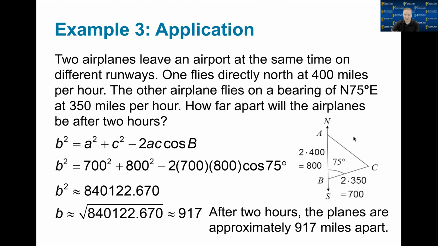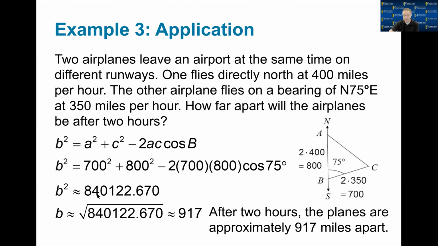In this case, the way I have it labeled, if this is angle B, this would be side B. We know B squared is equal to A squared plus C squared minus 2AC cosine of the angle B here, which we know. So I can find that distance. I'll call it B squared. It's going to equal 700 squared plus 800 squared minus 2 times the product of 700 times 800 times the cosine of the angle between them, 75 degrees.